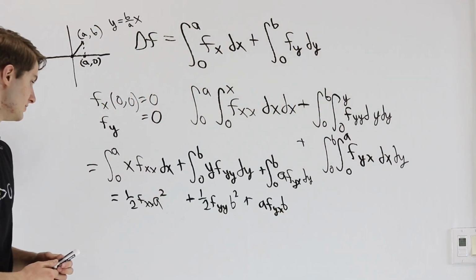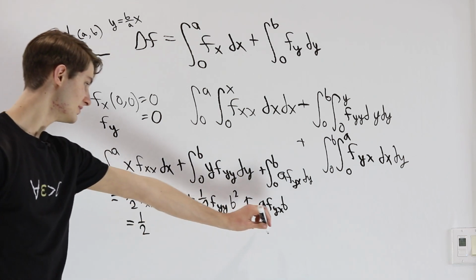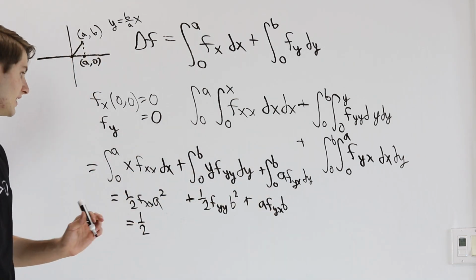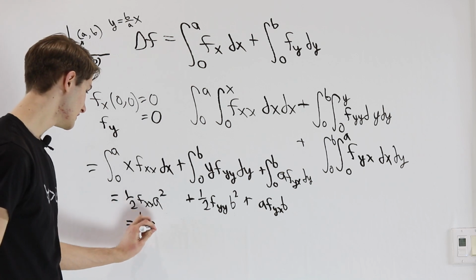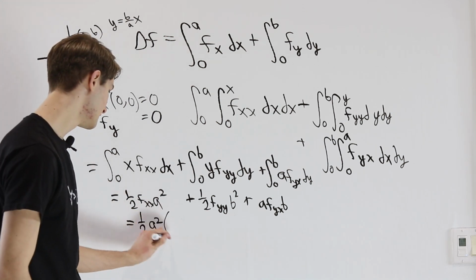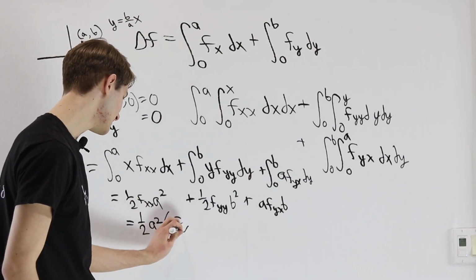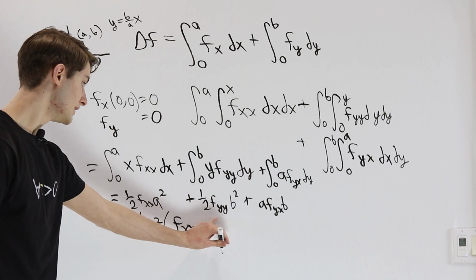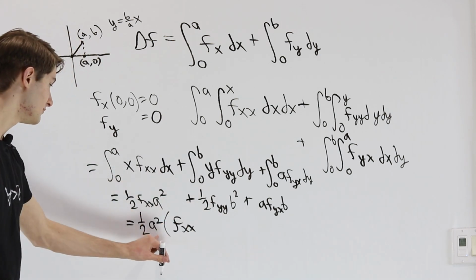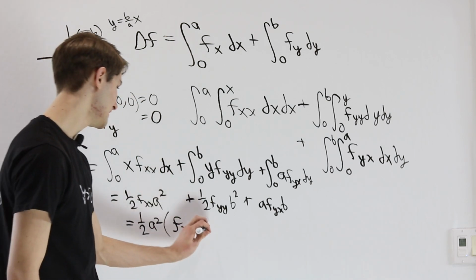So let's see what we can do here. We can factor out 1/2 from everything, and then we can also factor out a factor of a squared. Now let's see what we get as a result. Over here, we already factored out 1/2 a squared, so we'll just have f sub xx. Here we factored out the 1/2. If we multiply by a squared, we're also going to have to divide by a squared.